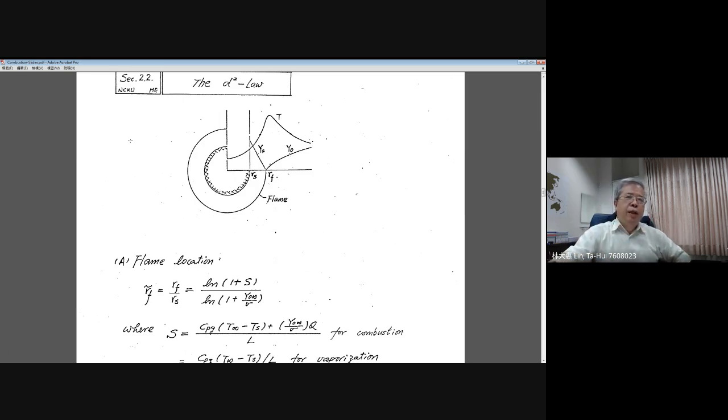Then we use the steady state assumption to analyze the gas phase property change based on mass conservation and energy conservation. And we will have the expression for the mass flow rate in this gas phase region. And this mass flow rate should be balanced with the vapor coming out from the liquid surface. That means you need to study the mass coming out from the liquid phase based on the unsteady problem for droplet evaporation.